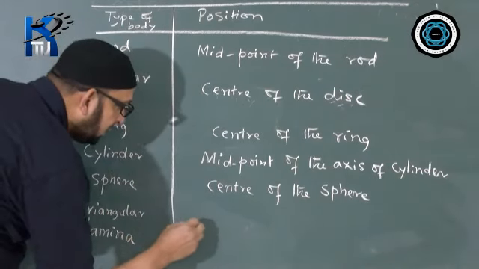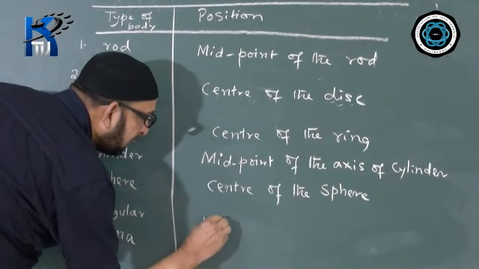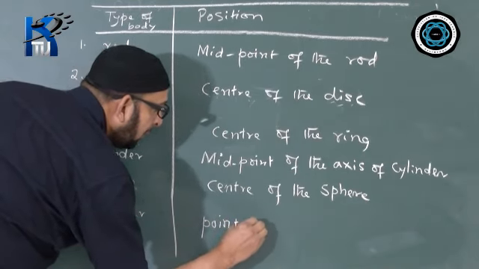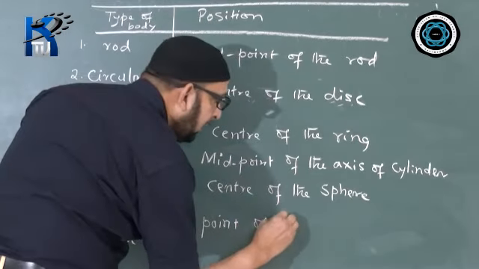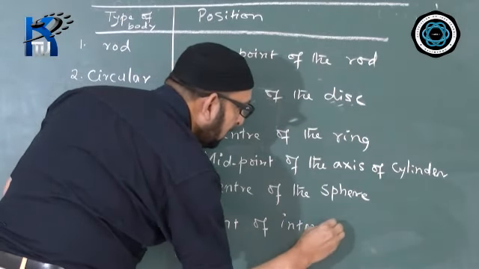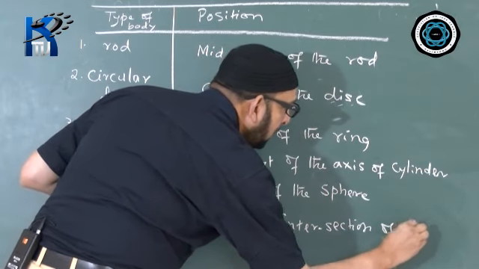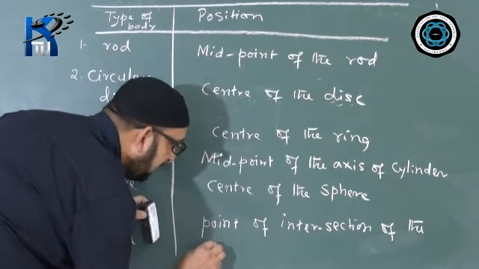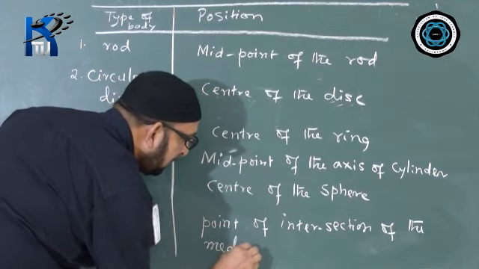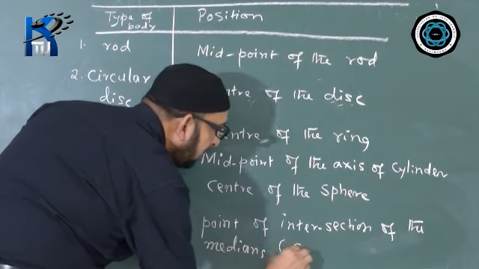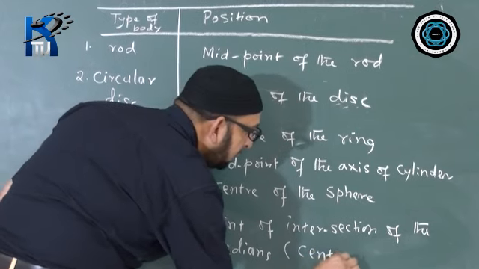So here it is situated at the point of intersection of the medians, which we can call the centroid of the triangle.